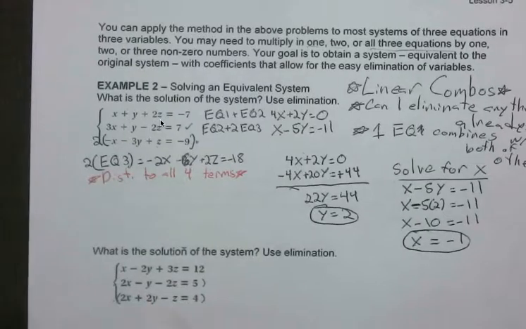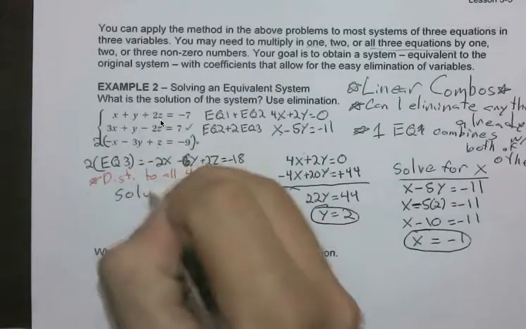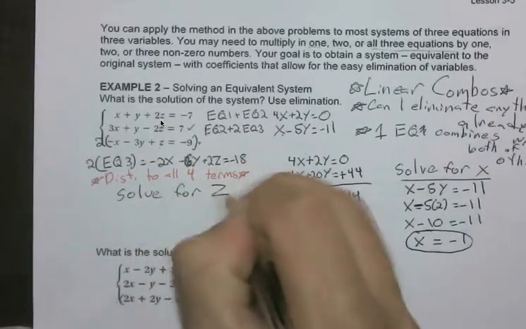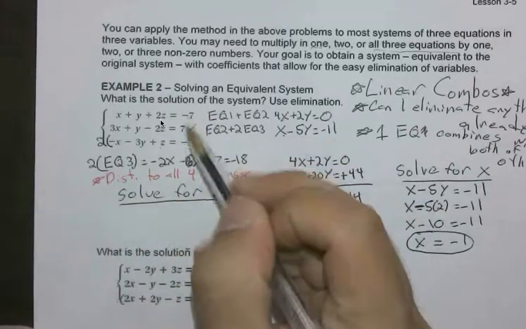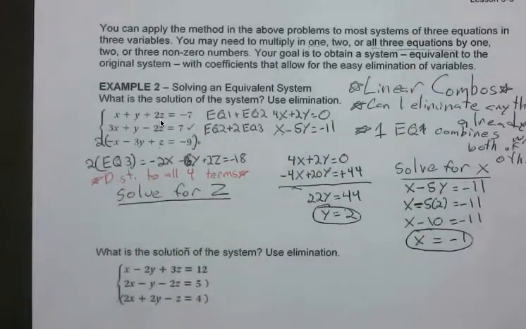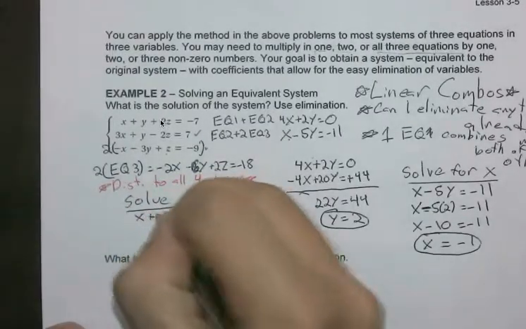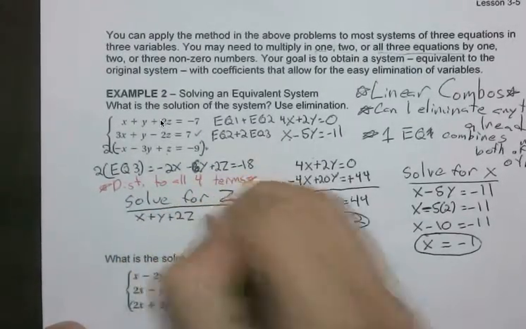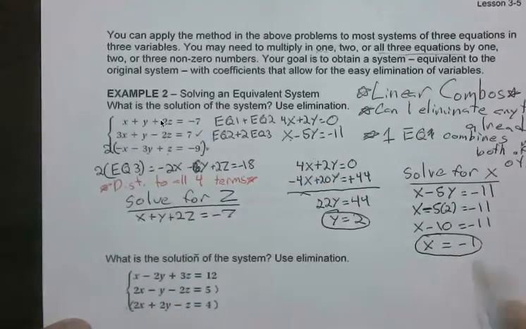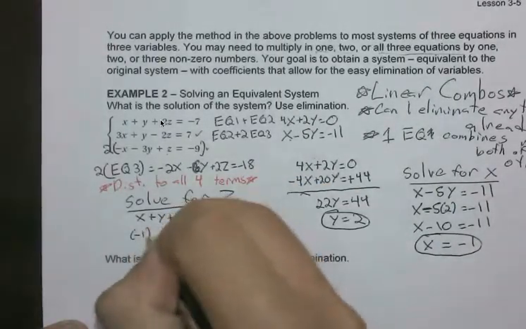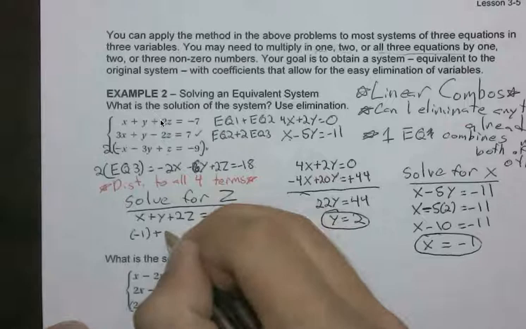So we're almost done. If we go back and solve for z, using any of these three equations, not too picky on which one we use, I'll use equation 1. So we had that as x plus y plus 2z equals negative 7. x is equal to negative 1. We're adding on y, which is 2.